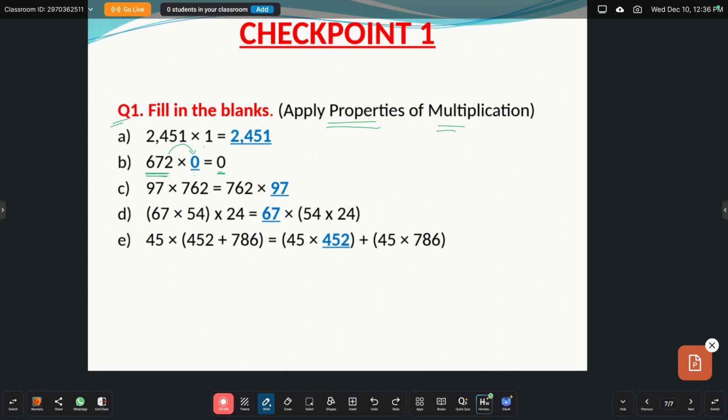You can think like this also. Here this is 672 and I need to multiply it by any number, but my answer is 0. And we know that our answer will be 0 only when we multiply this number by 0. So 672 when multiplied by 0 is equal to 0. So this is the case of zero property.